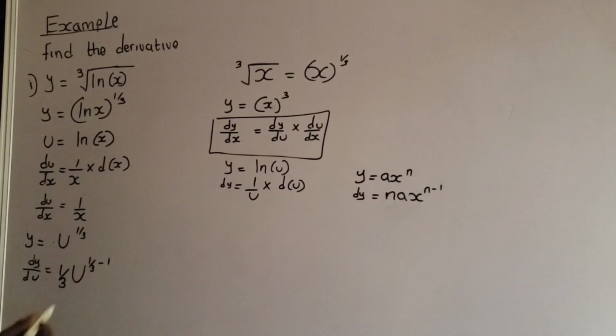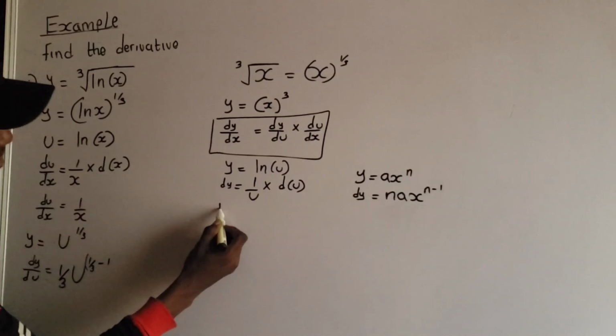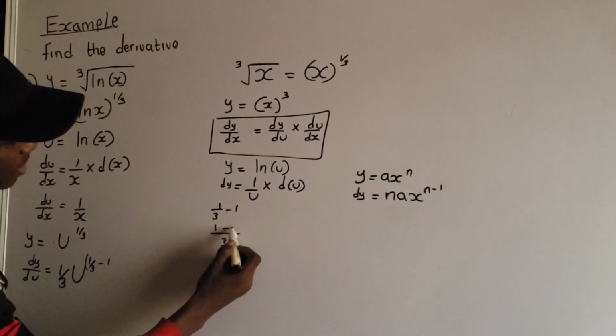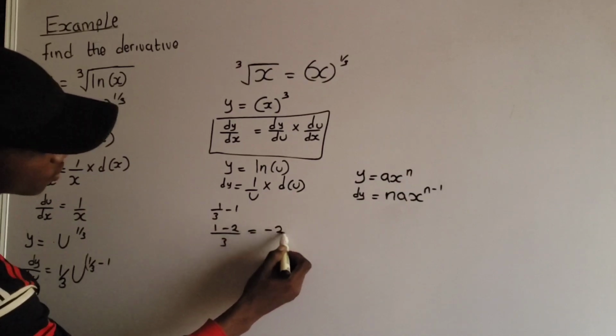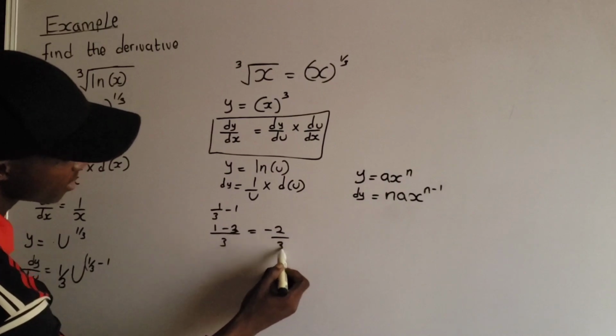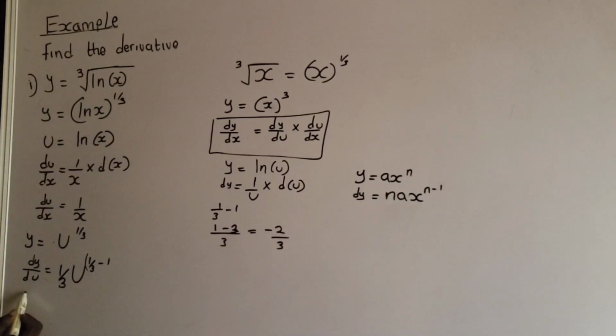Now let us solve this. 1 over 3 minus 1: take the LCM, that is 3. I'm going to have 1 minus 3, that is minus 2 all over 3. So dy over du is equal to 1 over 3 u raised to the power of minus 2 over 3.